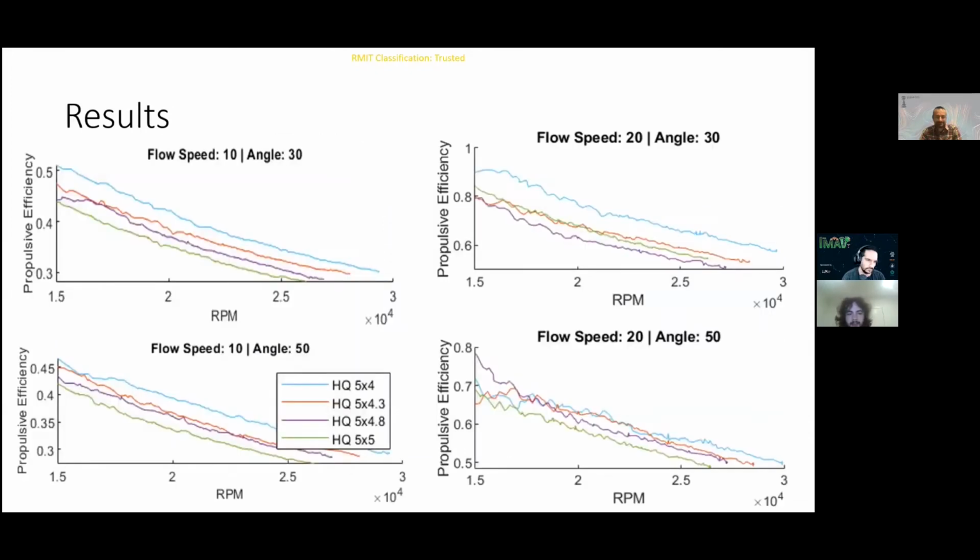Now, here we have a brief subset of the results. And what we can see straight away is, for every case, the most efficient propeller that we have is the lowest pitch. To go along with that, each propeller observes its highest pitch at its lowest RPM.